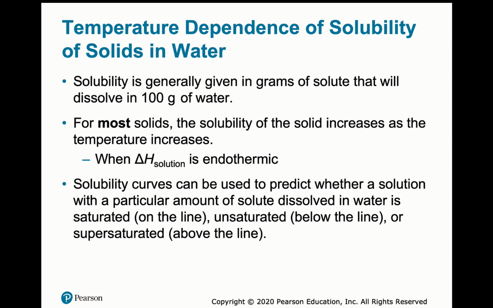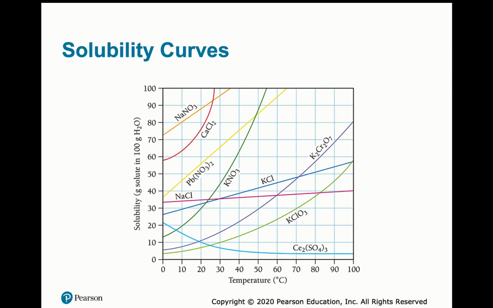Generally, because of entropy, things will dissolve more. It's very rare, but there are some circumstances where increasing temperature will decrease solubility. For gases, it's always the other way: increasing temperature decreases solubility.